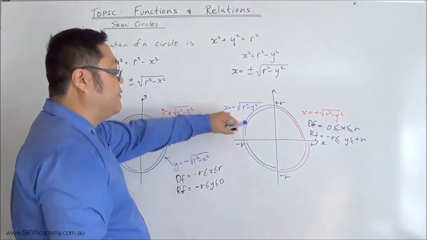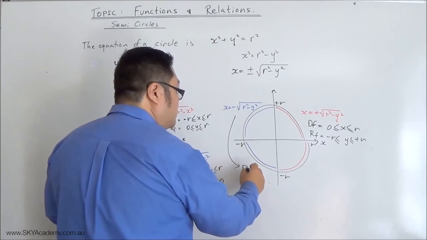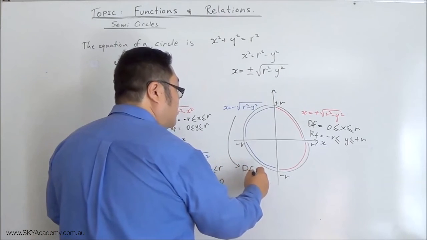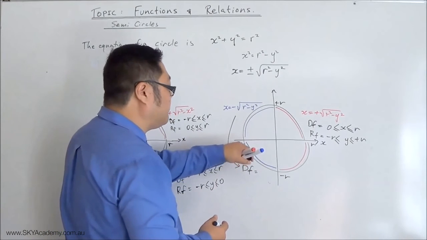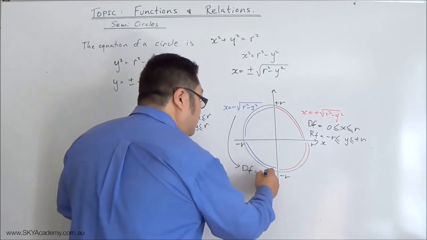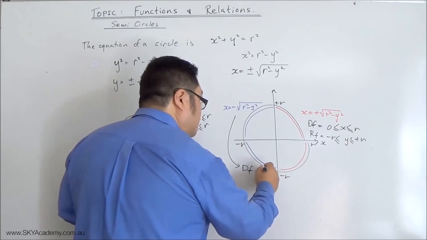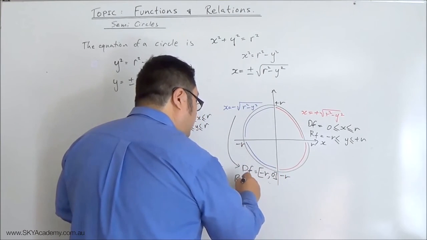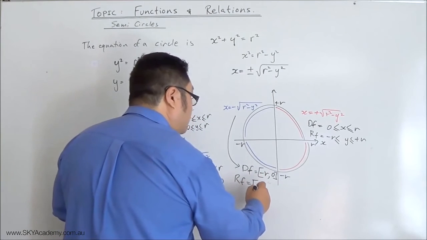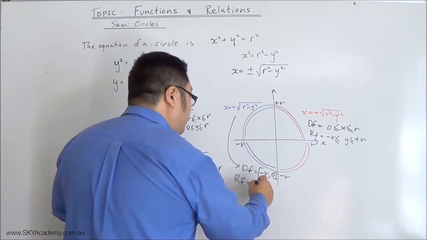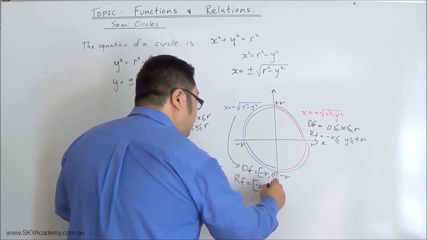Yep. And on this side, the domain will be, let me write it another way. The domain will be from negative r to 0, and the range would be from negative r to positive r.